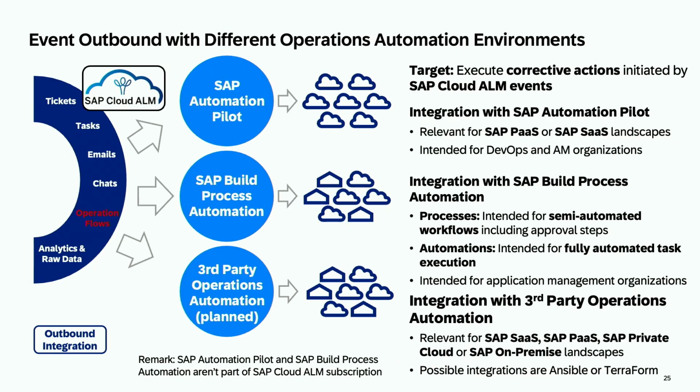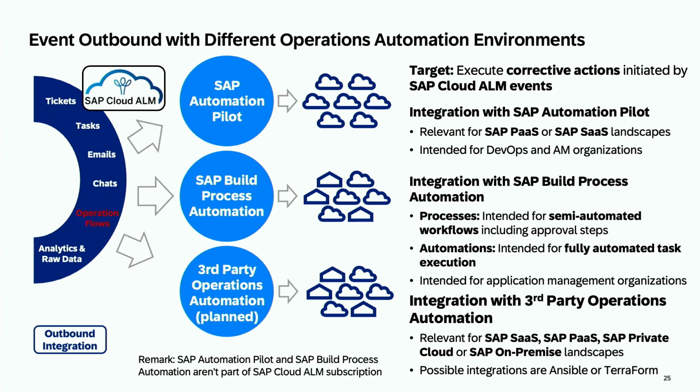As I mentioned already, we have integration on the outbound side to SAP Automation Pilot and to SAP Build Process Automation. This is where we process the operation flows in the end. And what we are currently developing is also a generic outbound adapter for operation flows for third-party operation automation environments. One example we are trying this out with is this BCS Symphony.